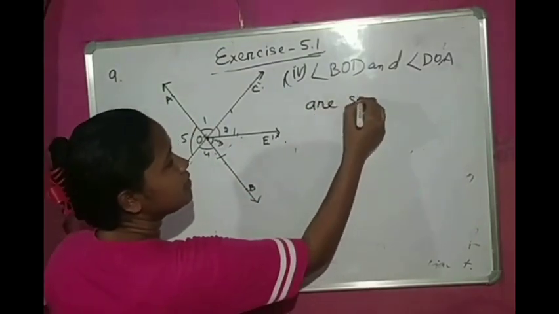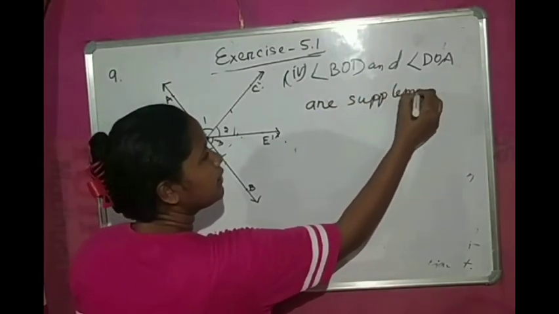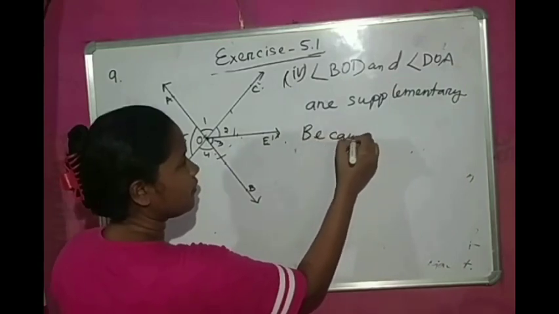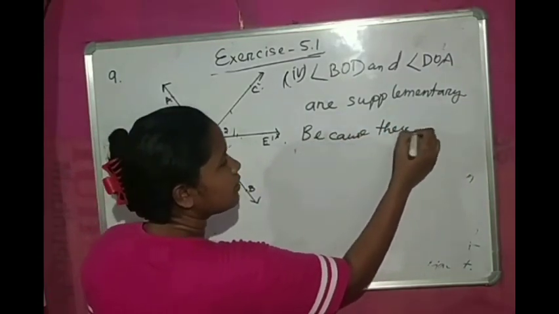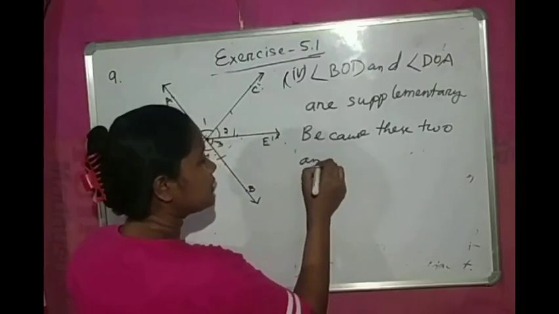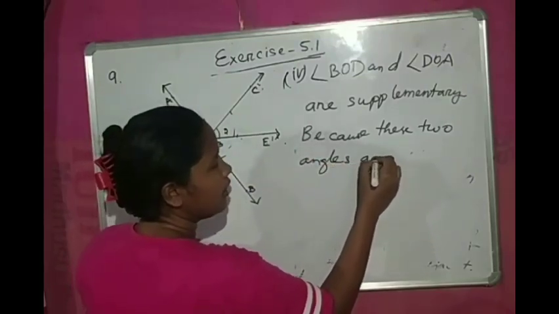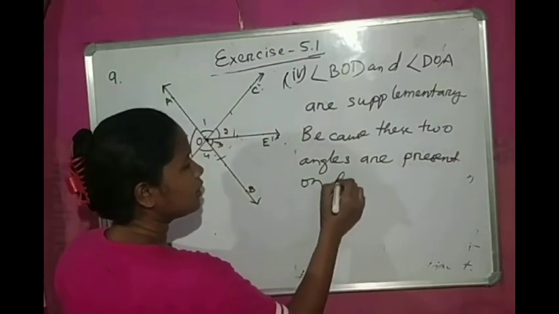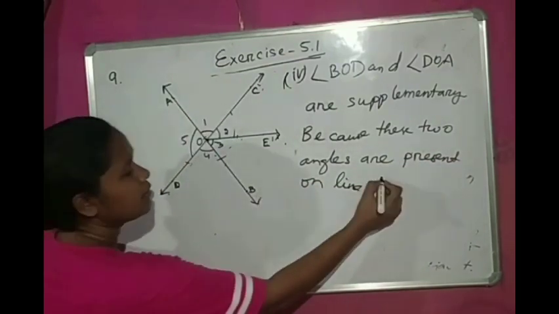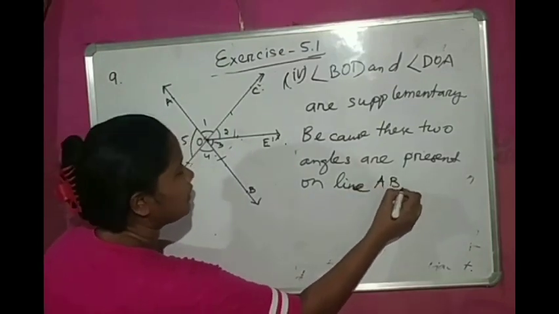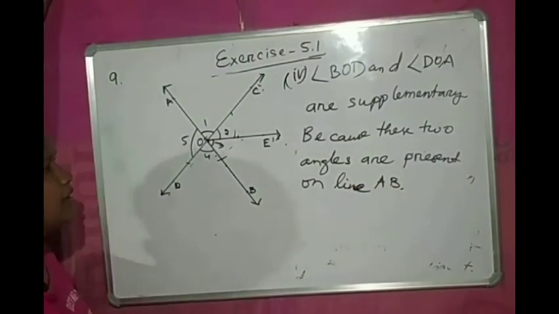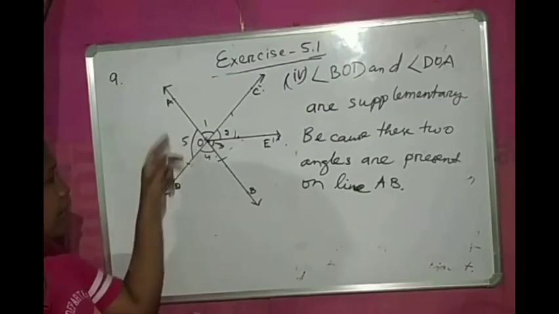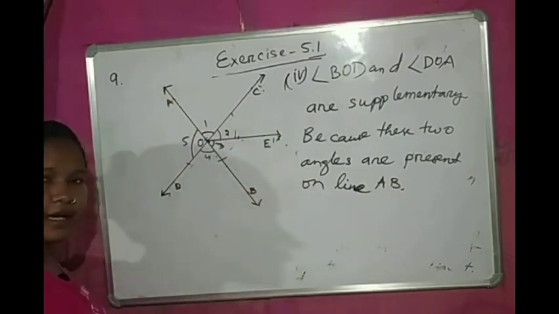They are supplementary because these two angles, BOD and DOA, are present on line AB, a straight line.